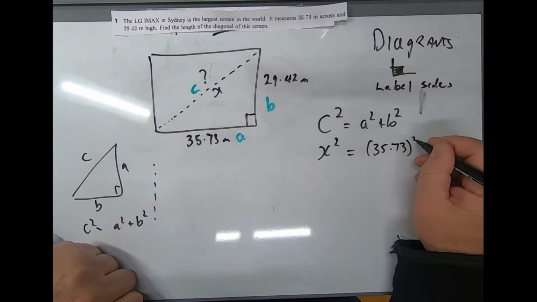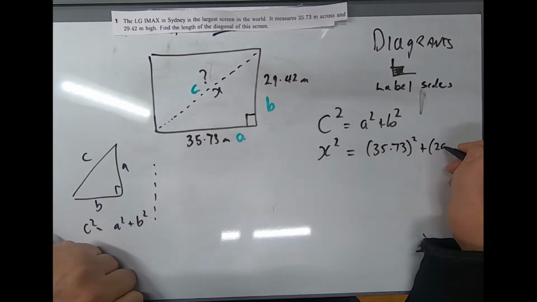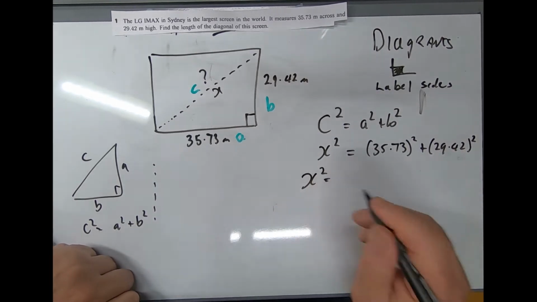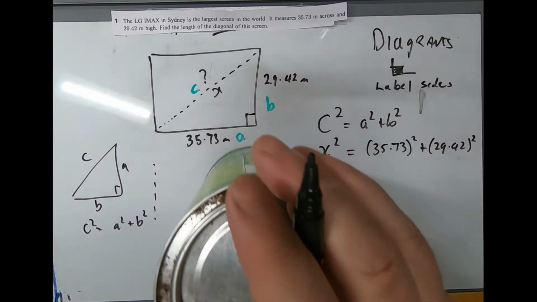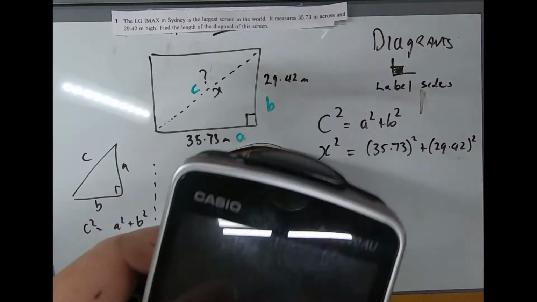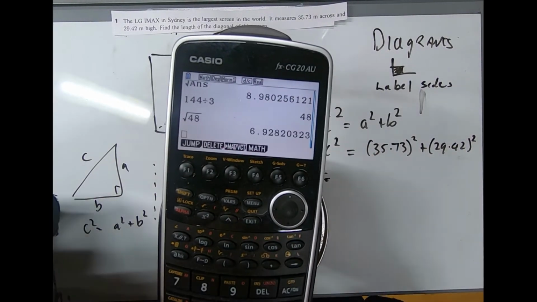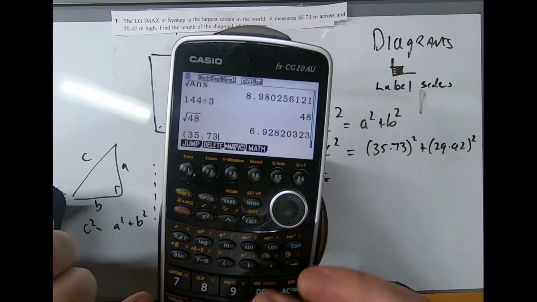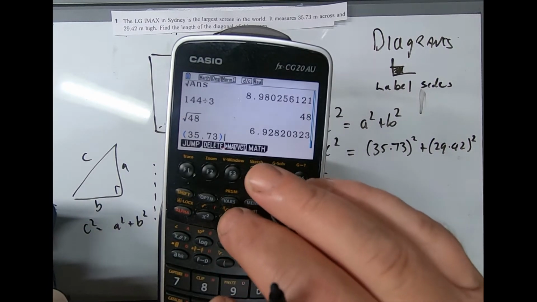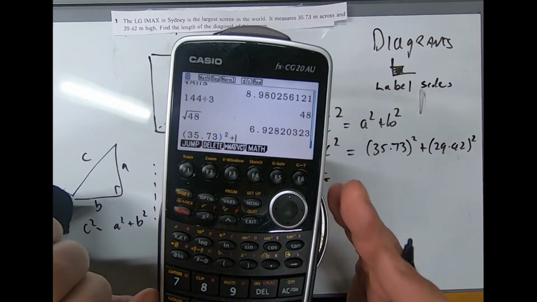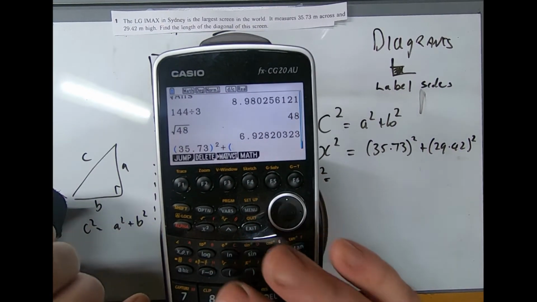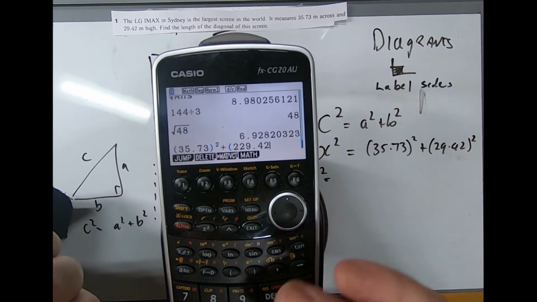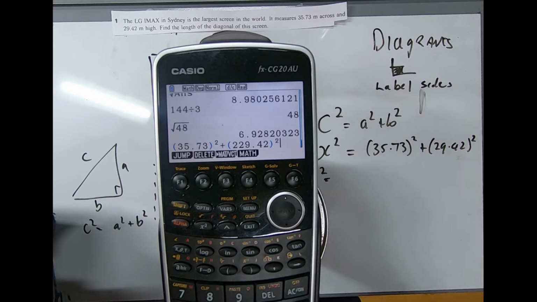We may need the Milo tin in a minute. Plus 29.42 squared. So X squared is going to equal, bracket, 35.73 squared, plus, bracket, 29.42 squared.